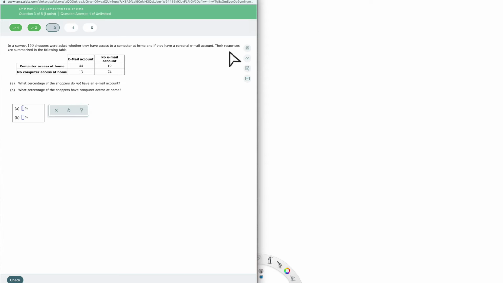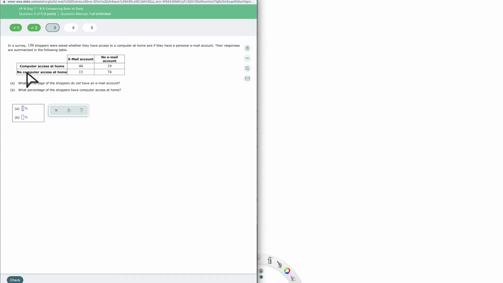Okay, so in a survey, 150 shoppers were asked whether they have access to a computer at home and if they have a personal email account. Their responses are summarized in the following table. So email account, no email account. Computer access at home, no computer access at home. So this is saying people who had computer access at home, there's 44 of them that had email accounts and 19 that did not.